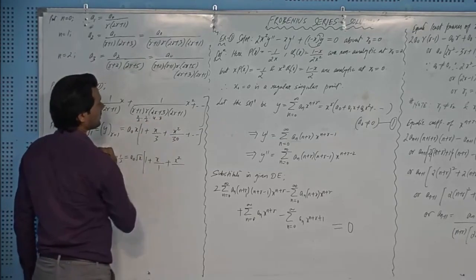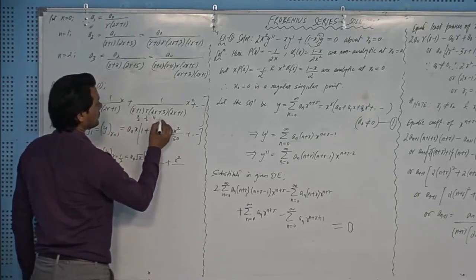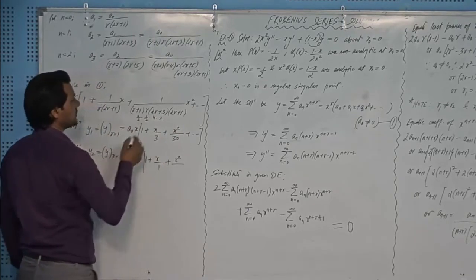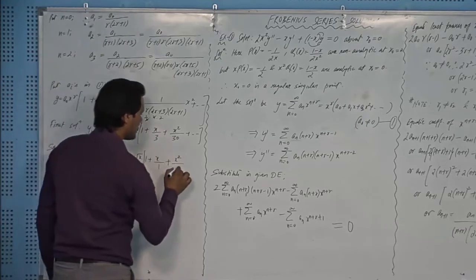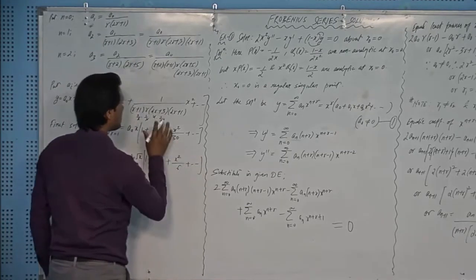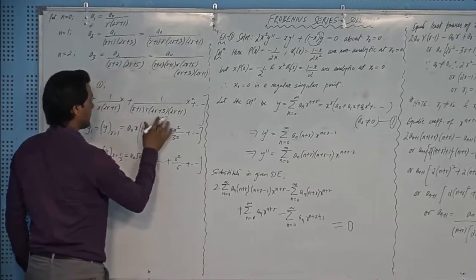It will become 3, right? No, 2, yeah, and it will become 6, and so on. So this is my second solution, right?